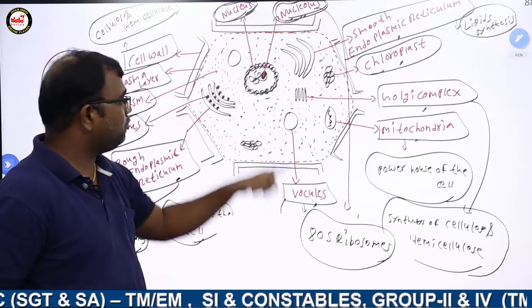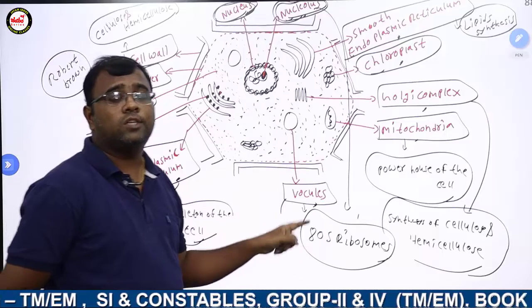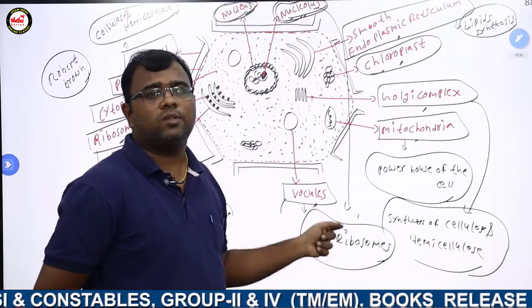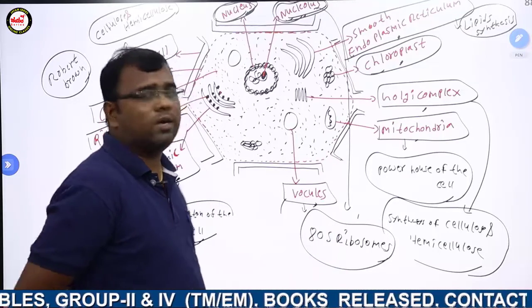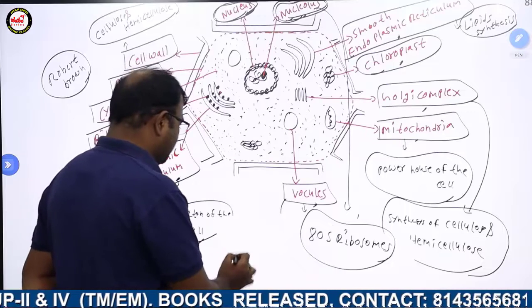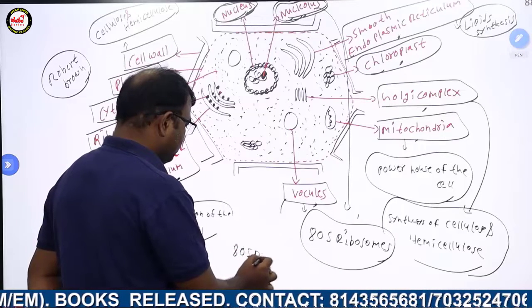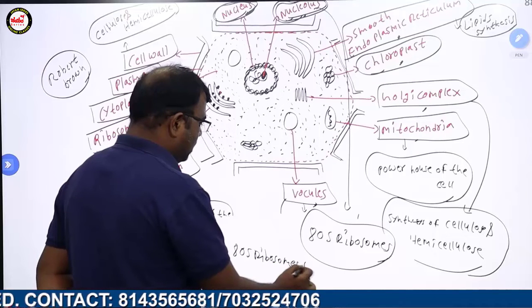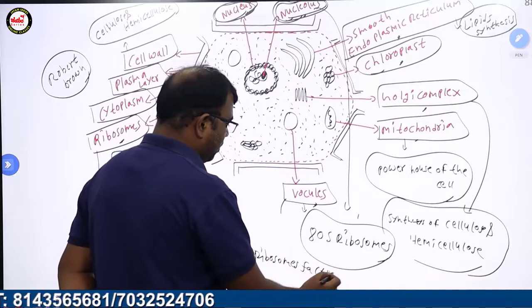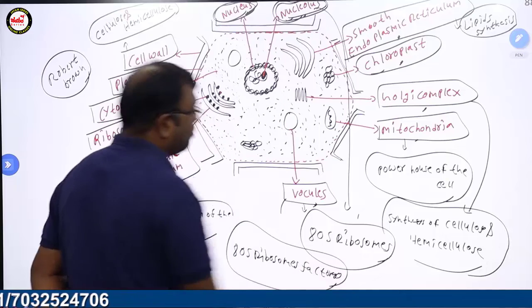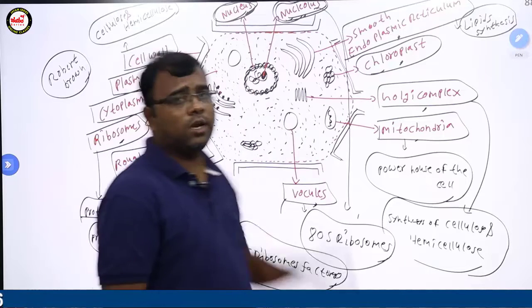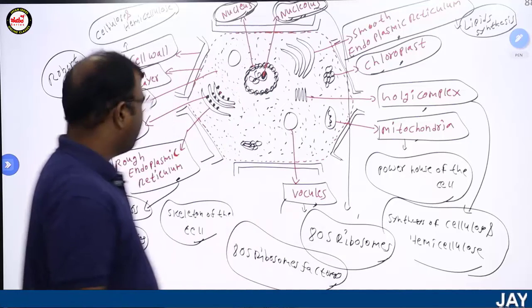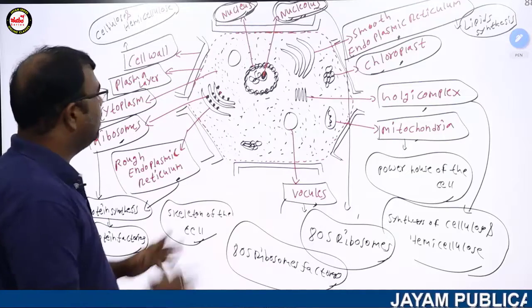That is also called the 80S ribosomes factory. This is the nucleolus, and the plant cell is totally completed.